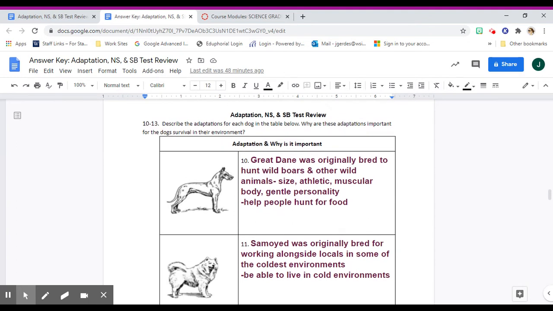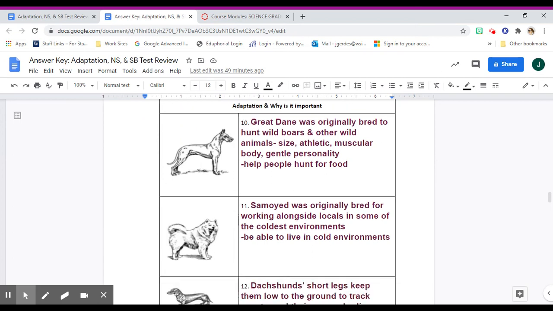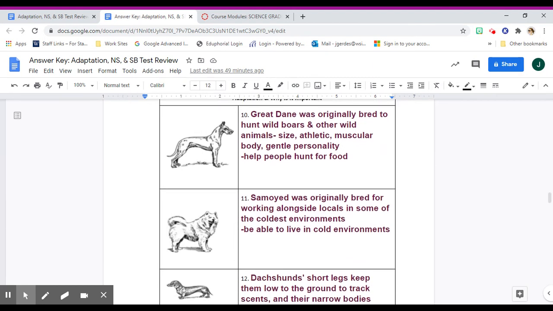Okay, number 10 through 13. Describe the adaptation for each dog at the table. Why are these adaptations important for the dogs to survive in their environment? So I gave you some of the history of the dogs in here that I looked up. So the Great Dane was originally bred to hunt wild boar and other wild animals. So animals that were bigger, because if you look at the size.